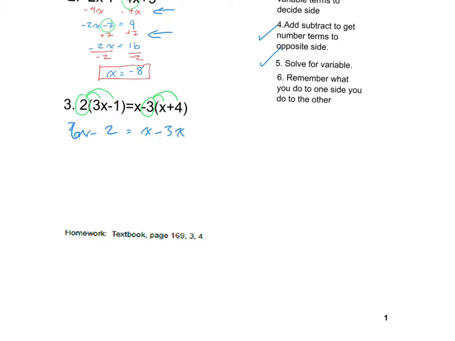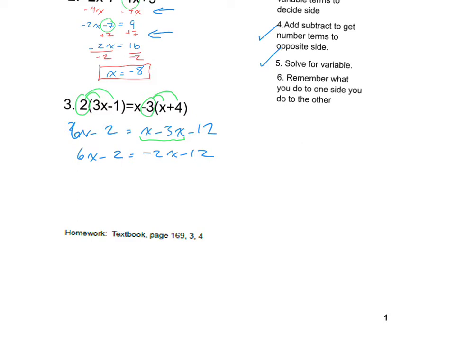And then negative 3 times positive 4 is negative 12. Now in order to make our lives easy, we should take all our x's together and put them together on the next line, and then we can easily move stuff left and right. So we have 6x minus 2 is equal to negative 2x minus 12.